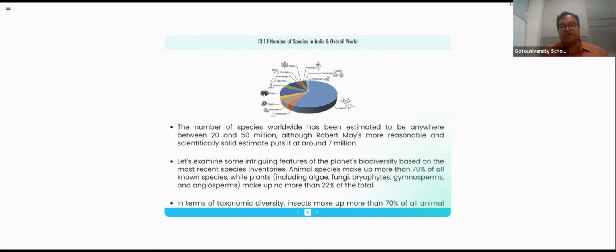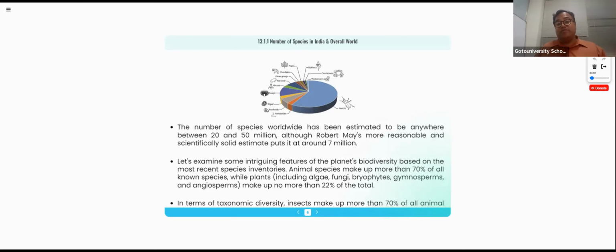Now, the great scientist called Robert May gave a narration, but we can't say it is exactly accurate, it is nearby accurate, right? May is not a month in this context. May is a scientist's name, right? Like we say Wright brothers, who were real human beings and discovered the first aviation device.